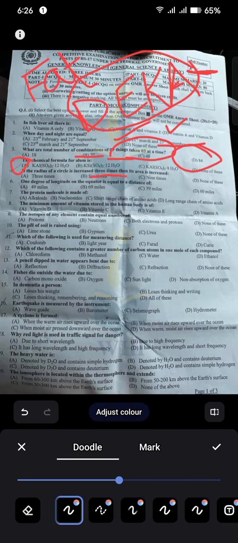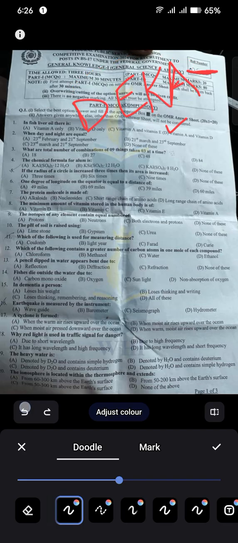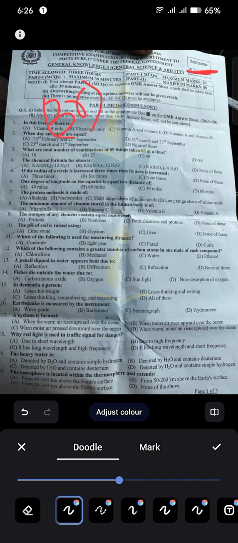As we know, the area is pi r square. If we increase the radius 3 times, it means 3r, so the area is pi times 3r square, which means the new area will be 9 pi r square.